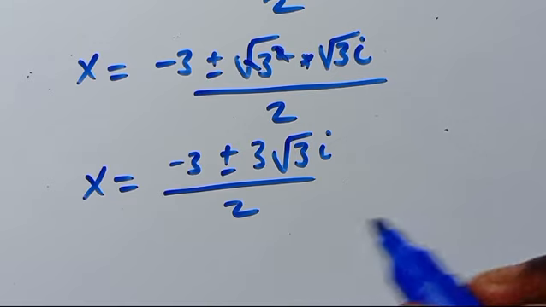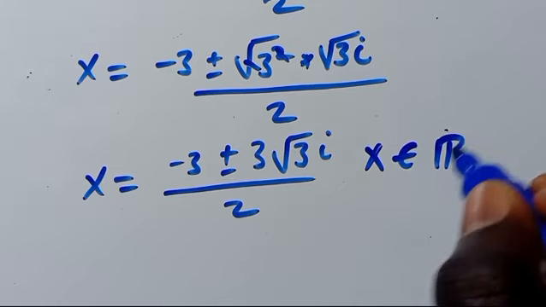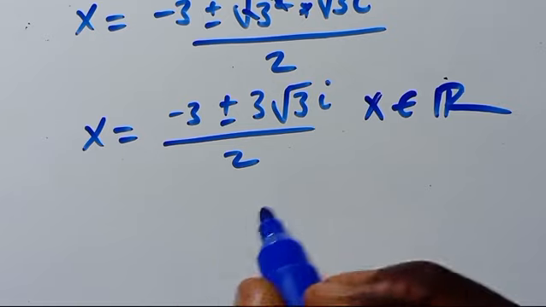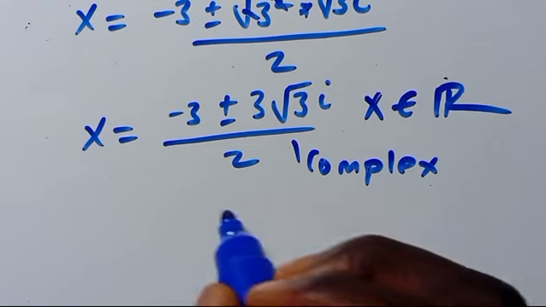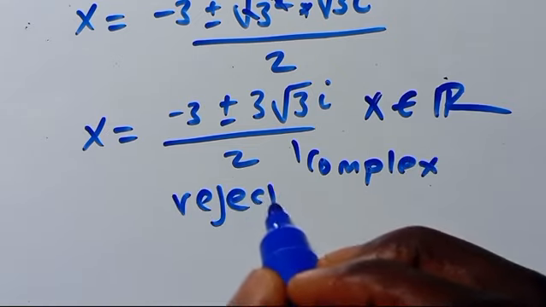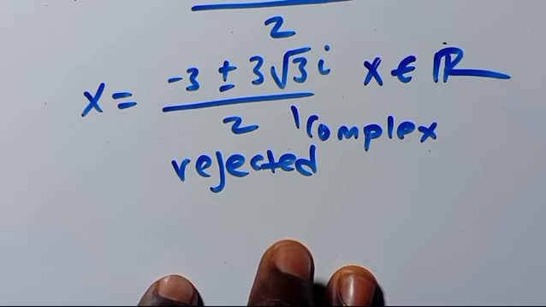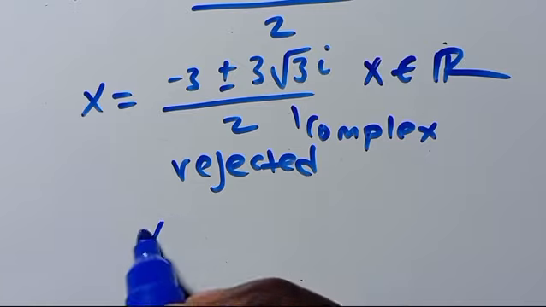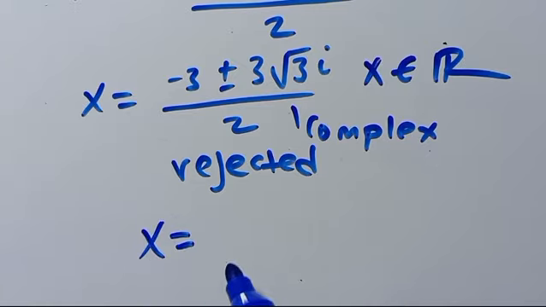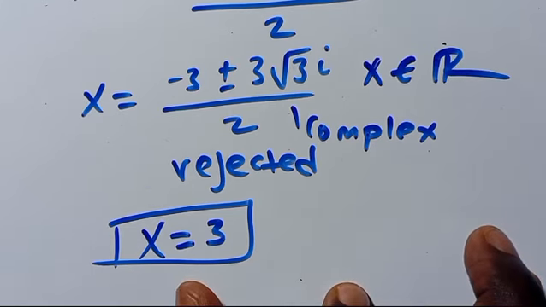Then we say x is a member of the real numbers, so this is complex, and we reject these. We want only the real solution. Our only real solution is x equals 3. So x equals 3 is the real solution.